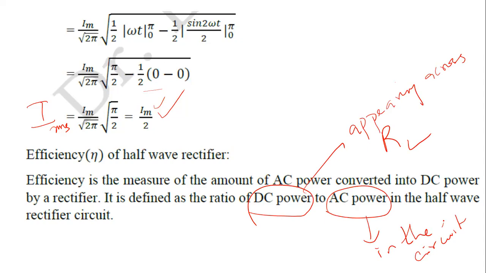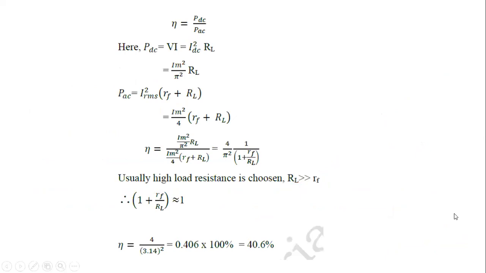So you are giving a certain amount of AC power to this half-wave rectifier, and you are measuring how much DC power is there across the load resistance as the output power. Then only will you know how efficiently your rectifier can convert AC into DC. The symbol for efficiency is eta, a Greek letter.